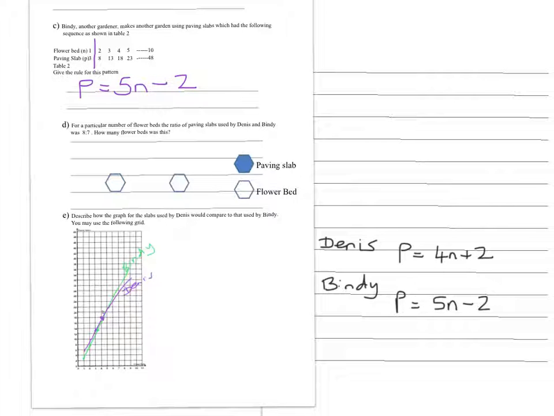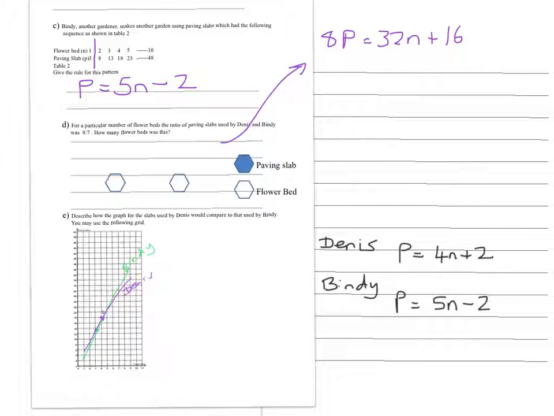So if I did 8, I'll do it at the top of the page here. If I multiplied everything by 8, 8p equals 32n, and I multiply the 2 by 8, it's 16. That's the equation for Dennis.